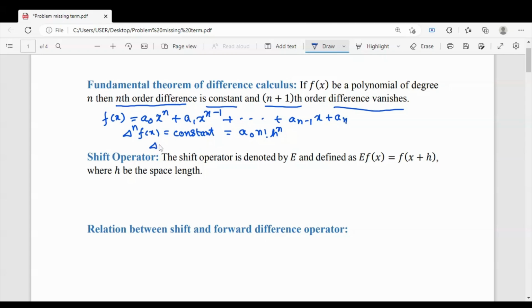Also, delta to the power n plus 1 f(x) will be equal to 0. This is the fundamental theorem of difference calculus.